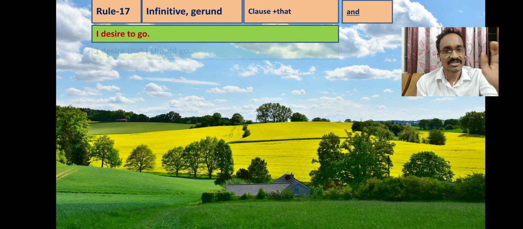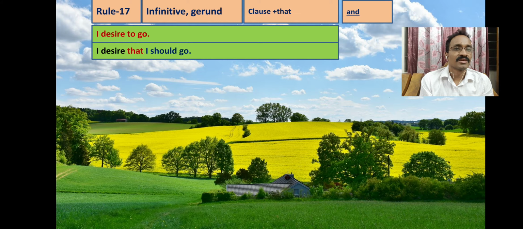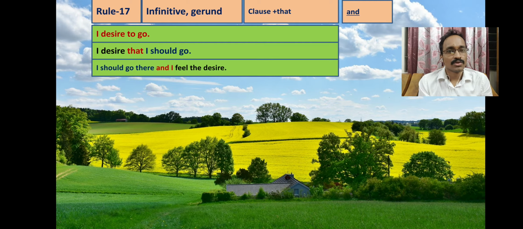I desire that I should go, and I should go is another clause, and both clauses have been joined with the conjunction that. And to make it a compound sentence, we should use and. So I should go and I feel the desire, or I have the desire.